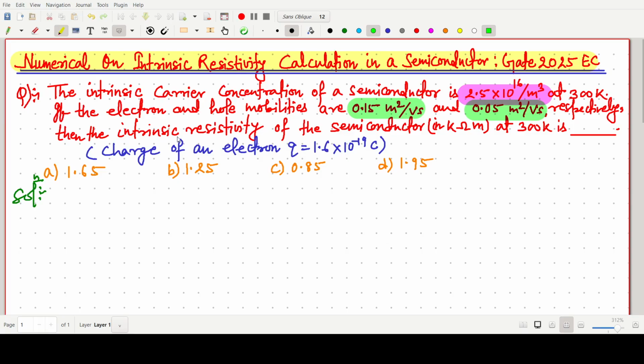We have to find out the intrinsic resistivity of the semiconductor in kilo ohm meter at 300 Kelvin.